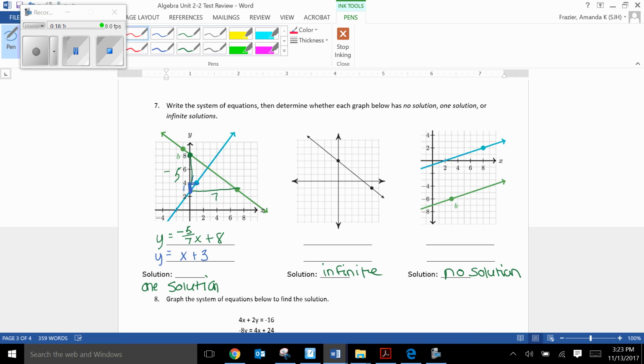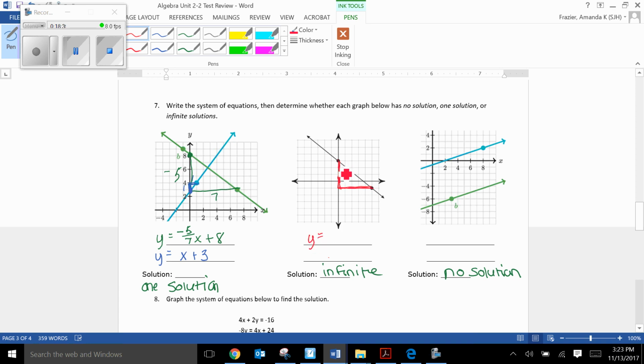All right, going to my next graph. Hopefully you can tell that we only have one line, so that means that it's the same line. Most likely you would be given this in 2 different forms, so you'd have to change your form to slope-intercept form. But I can see my y-intercept is 3.